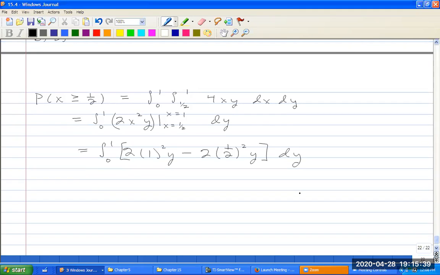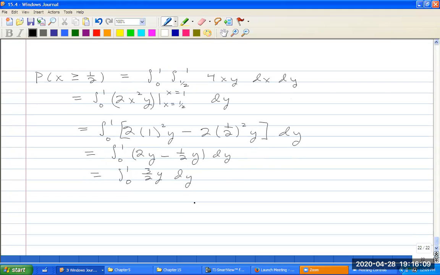So this is equal to the integral from 0 to 1 of 2y minus 1/2 y dy. And so this is just the integral from 0 to 1 of 3/2 y.